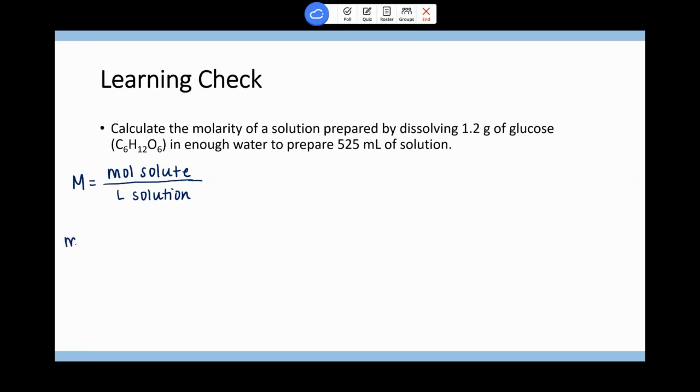So moles of solute is 1.2 grams of glucose times its molar mass. Its molar mass is 180.16 grams per mole.